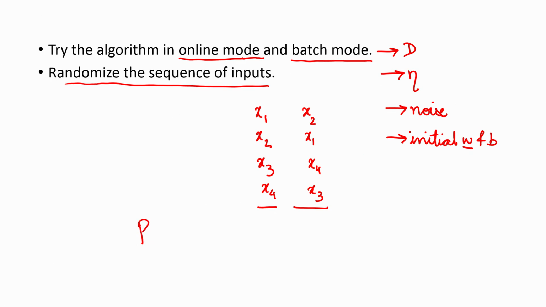Try to ponder upon what happens for randomizing of the sequence in batch mode. Does it actually give any difference?